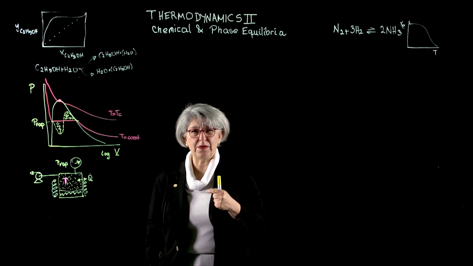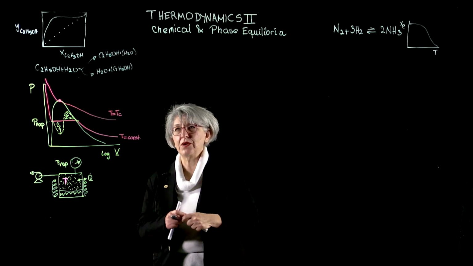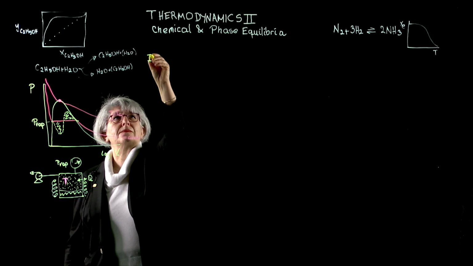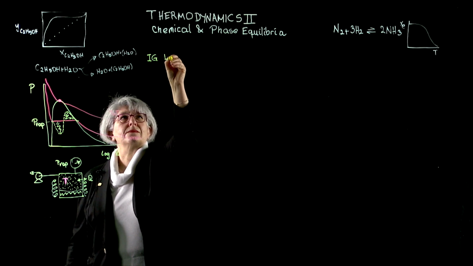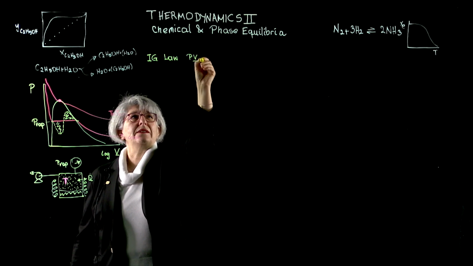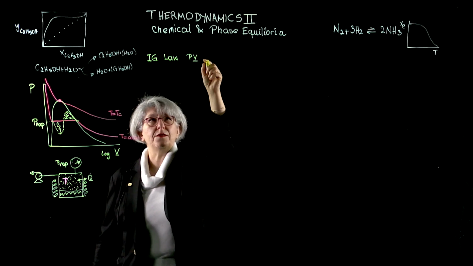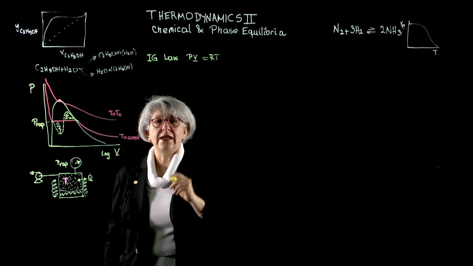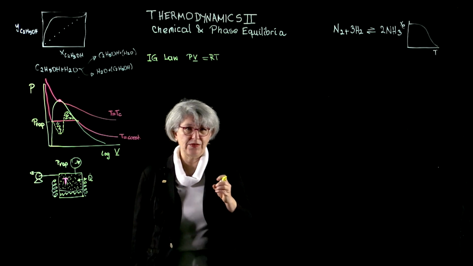So let's remember what those limitations were. The ideal gas law was something like this. P times specific volume is equal to R times T. And it had two limitations.